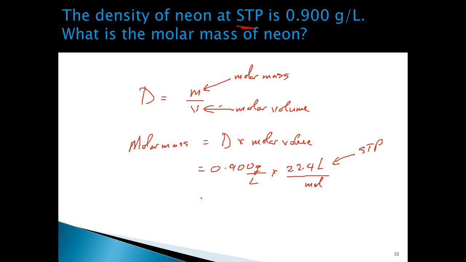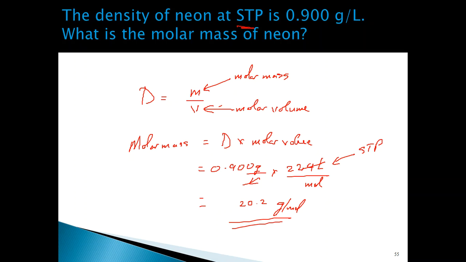So the units that will cancel out are the liters, so your answer would be in grams per mole. So let me do my thing on the calculator. 0.900 times 22.4, and according to my calculation, this works out to be 20.2. So 20.2 grams per mole.